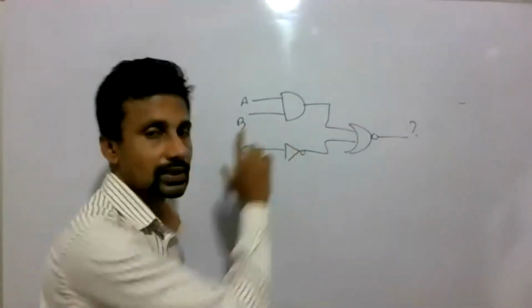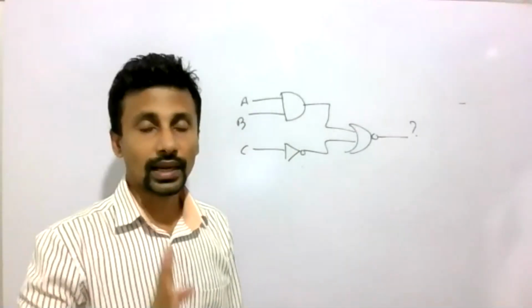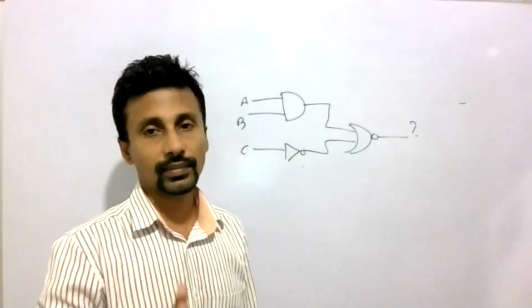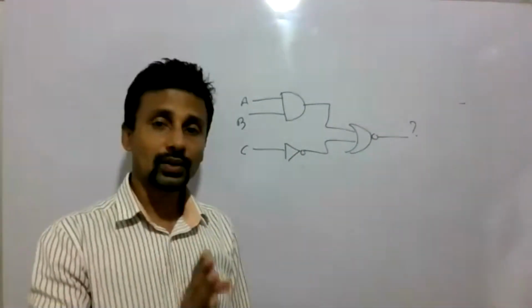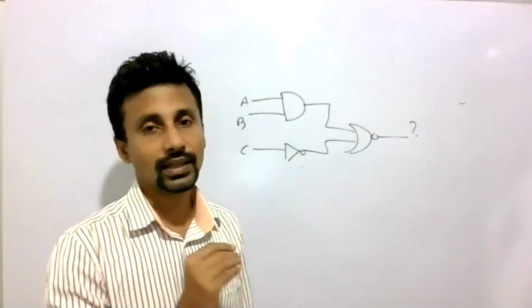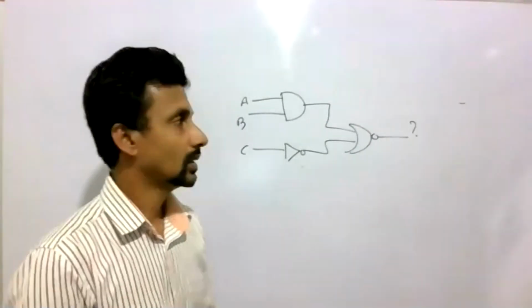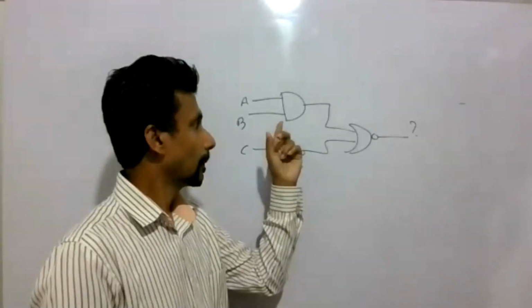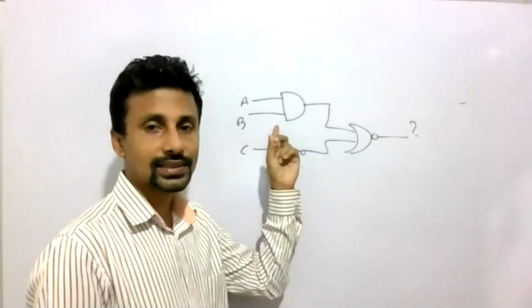First you have to identify the gate. That is the basic thing. That's why I told you to memorize the symbols. If you can't remember the symbol, you can't do this question. This is an AND gate.